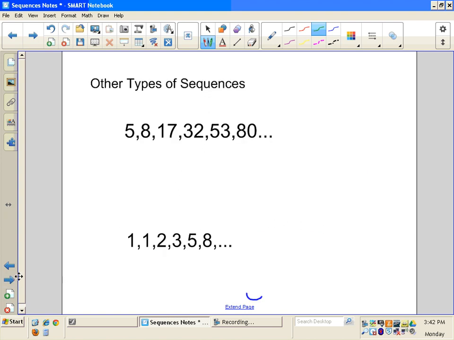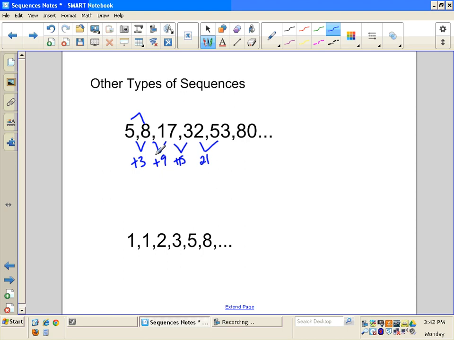Let's take a quick look at some other types of sequences. If you look at this one, it looks like we're adding 3. But then, actually I'm going to do it down here so I have a little more space, plus 3, but then this is actually plus 9, and this is plus 15, and this is plus 21, so there's not really a pattern there.